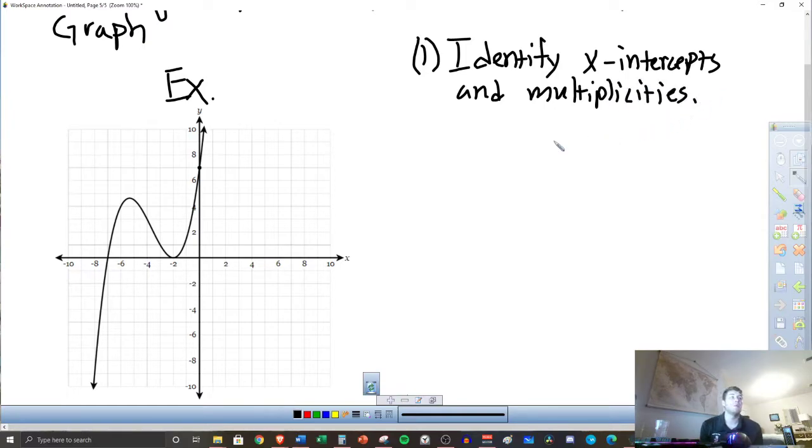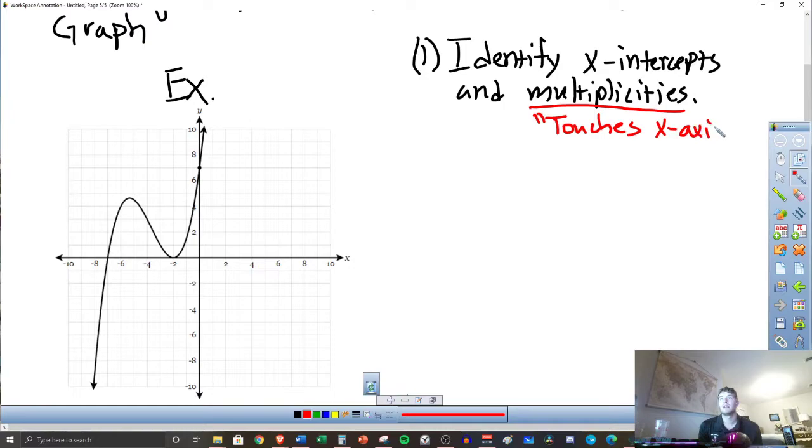Remember, how do we find multiplicities? That is where it touches the axis. I keep saying touches the graph, but it's really touching the x-axis, which is the more accurate way to put that.